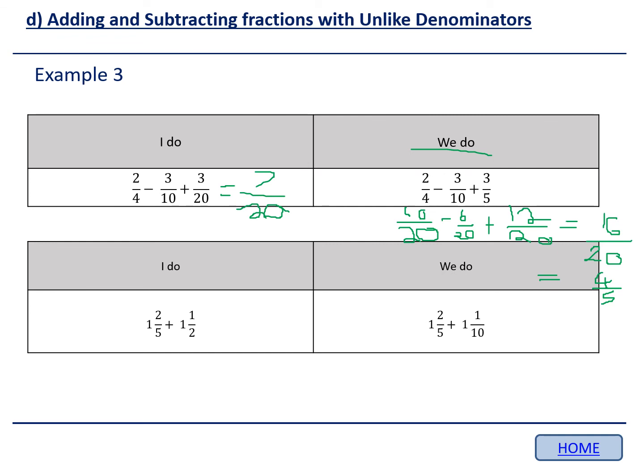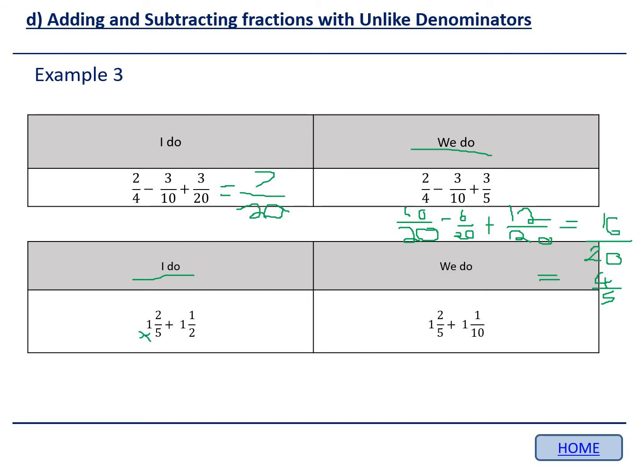I want you to have a go at the next two. Or actually, sorry, there's a mixed number here, so I'll go through this one with you. So what would be easiest to do here is we need to get rid of the whole number. So how we do this is we would times the 1 and the 5 together.